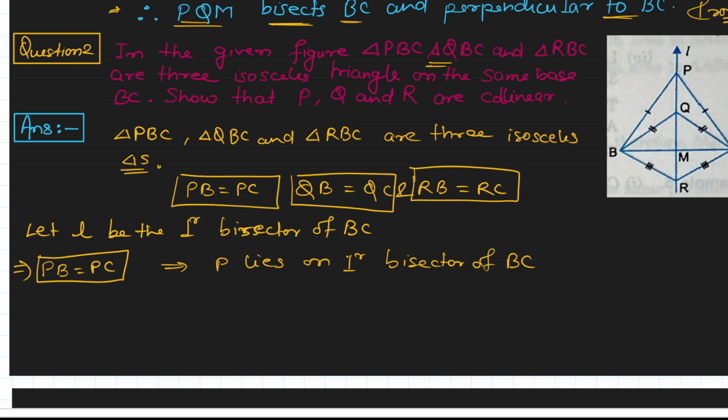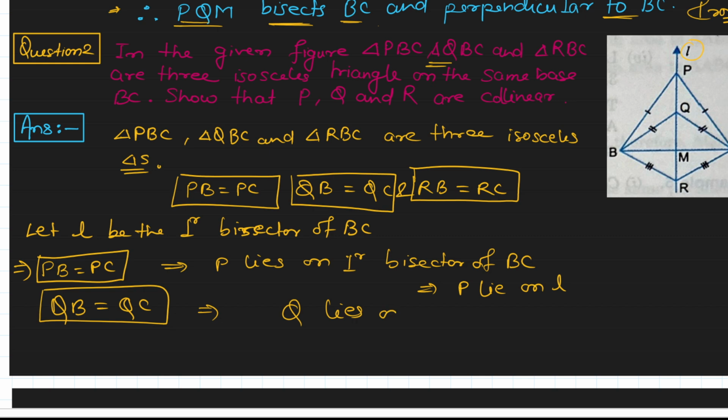In the line L. Similarly, Q lies on L since QB equals QC, and from RB equal to RC we get R on L. So these are the lines.